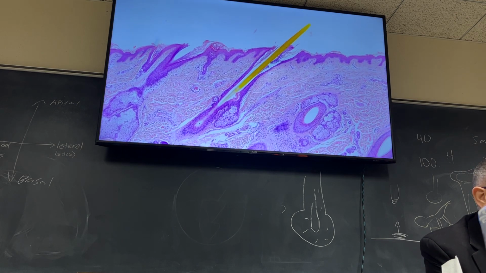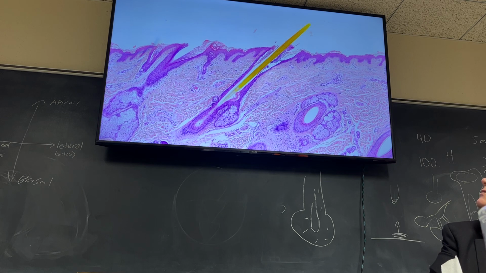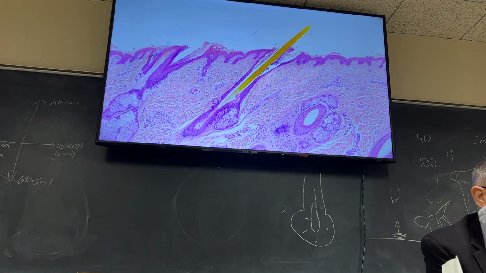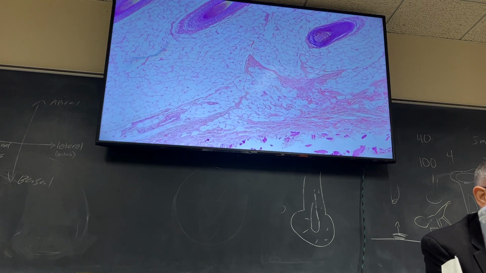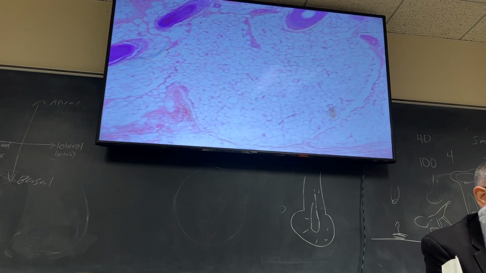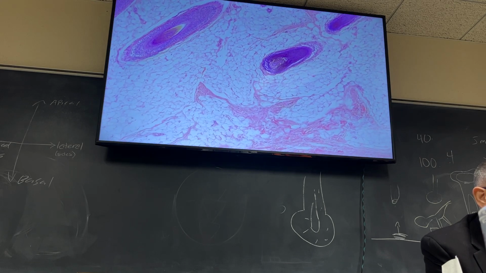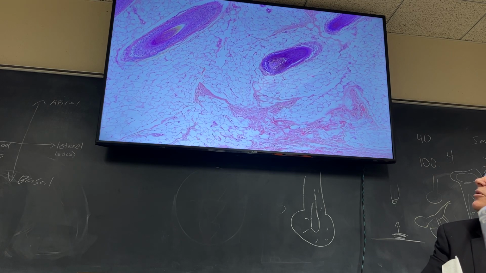See how this one looks better? I bet you can't see the hair follicle, right? There's the same thing we were looking at before, right?